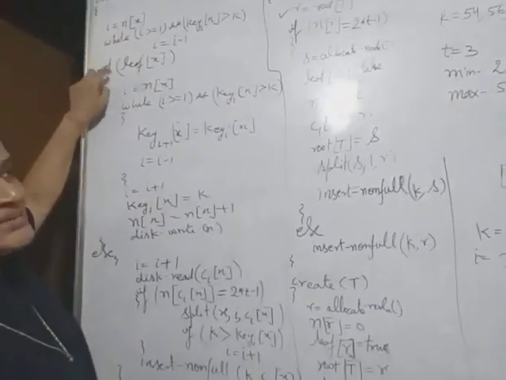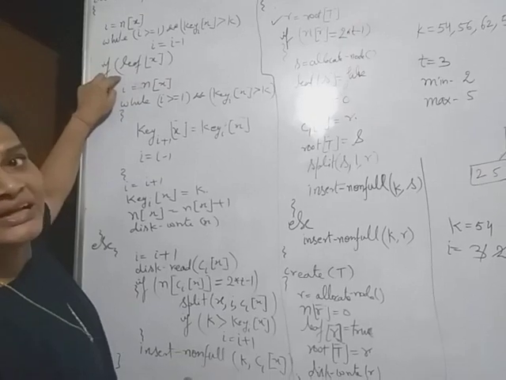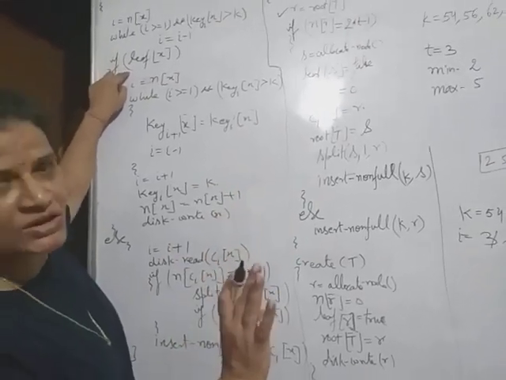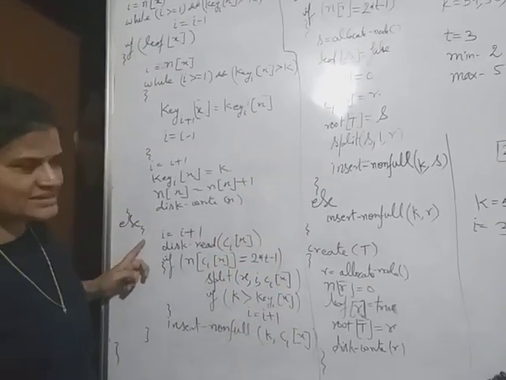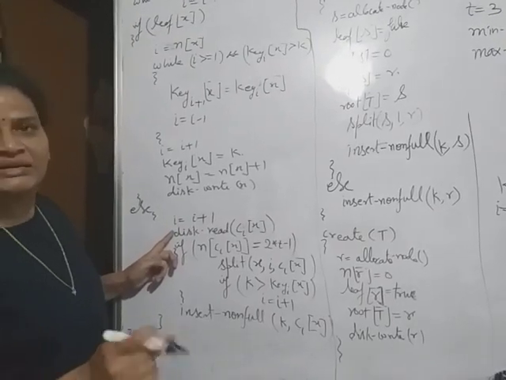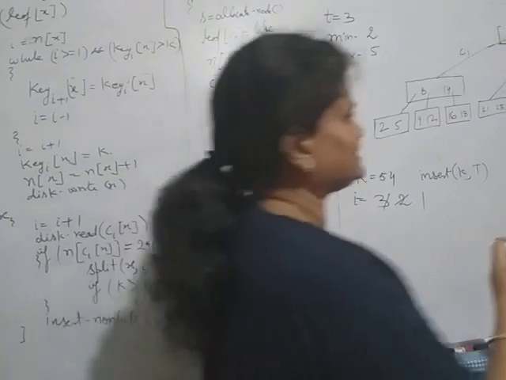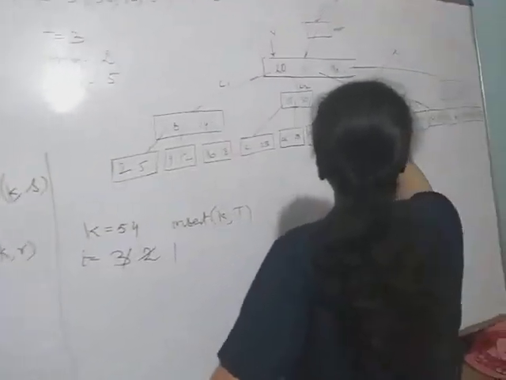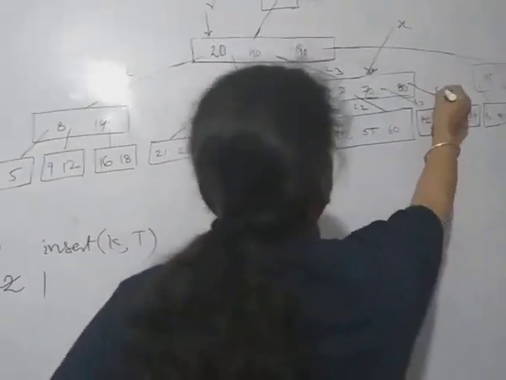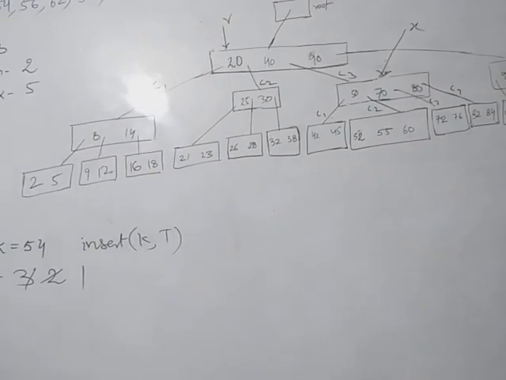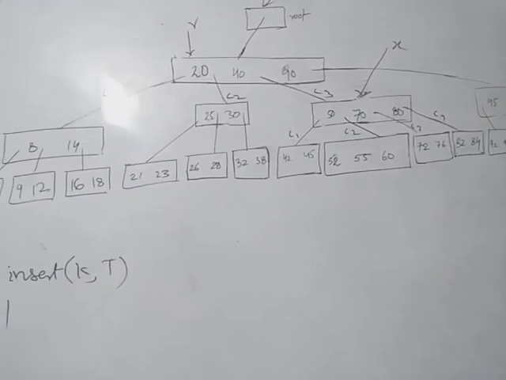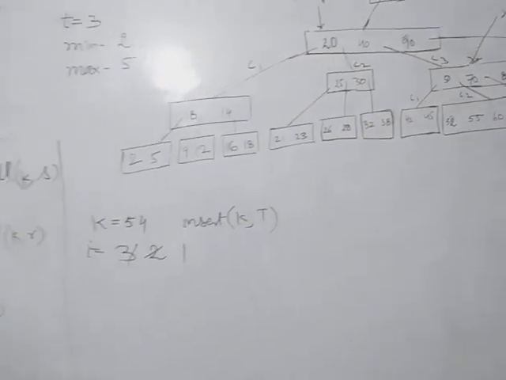Now here it checks whether x is a leaf or not. x is not a leaf, so the else part is executed and I will be incremented by 1. Here I is 1, so for this x there are children C1, C2, C3, C4. So C2 is the appropriate child where the key 54 will be inserted.